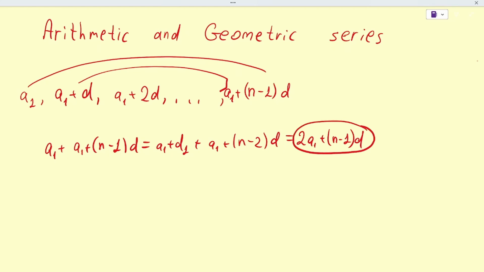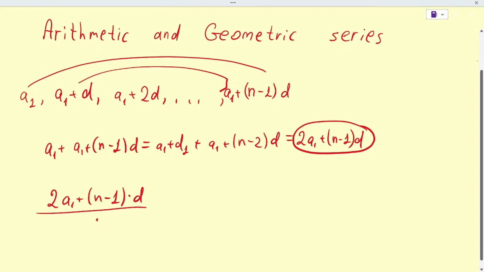If we take the average in every pair, this will be 2a1 plus n minus 1 times d over 2. This will be the total average too if we take the sum of all numbers and divide by n. So if we multiply this by n, we will get the sum of all numbers, which is given by Sn.